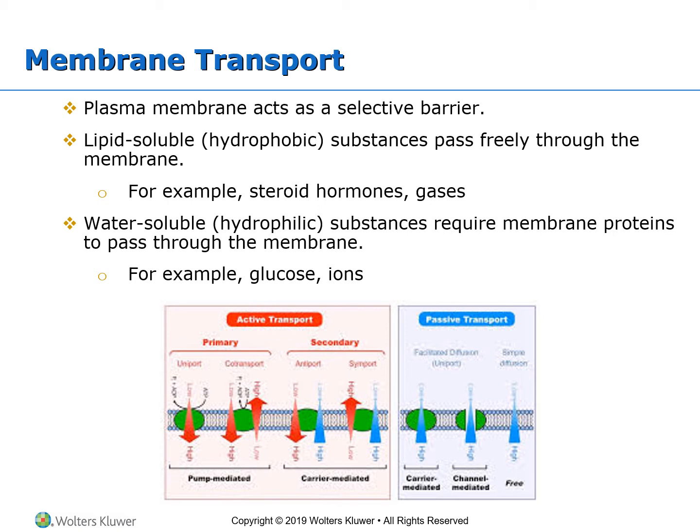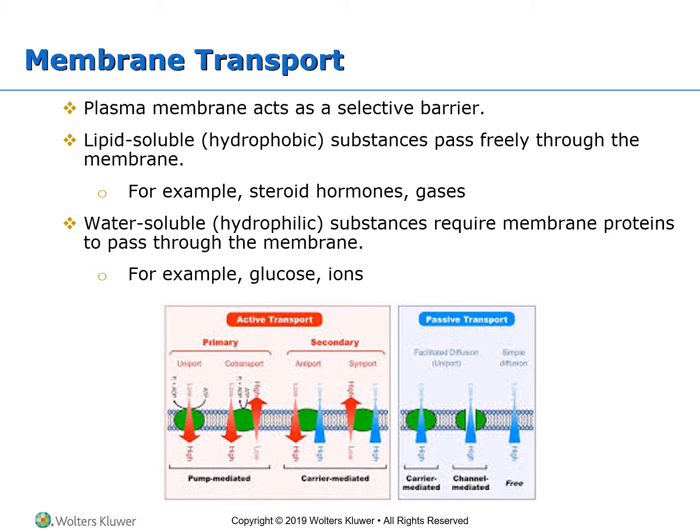Most substances that are dissolved in intra- and extracellular fluid will be soluble in water. If you remember, we discussed in our previous lecture that our body is 90% water. Those substances that can dissolve in water are called hydrophilic.